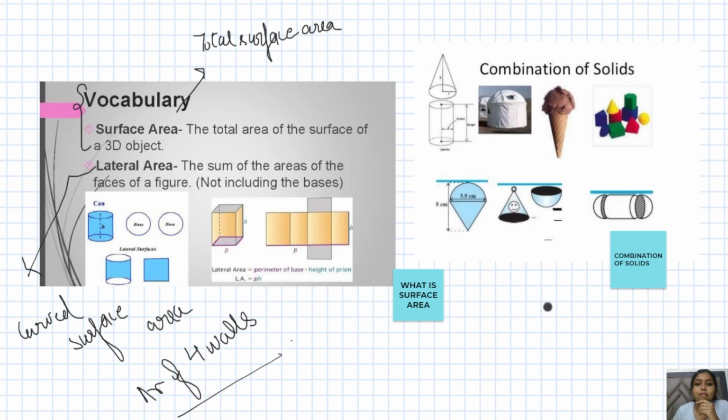Let's just say we have a 3D object, let's just say a cube. I'm just roughly drawing a cube. In this cube there are a total of 6 faces. This is the first face, second, third, fourth. There are 4 walls, and this is a ceiling, and this is a floor. Let's just consider your room. Your room is either a cuboid or a cube. So it consists of 4 walls as well as a ceiling and a floor.